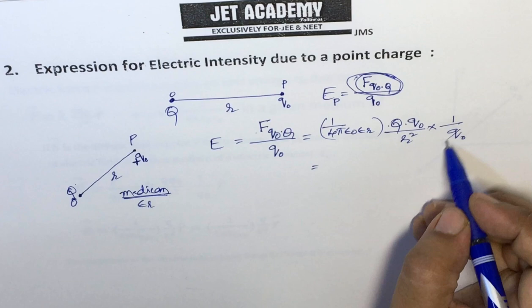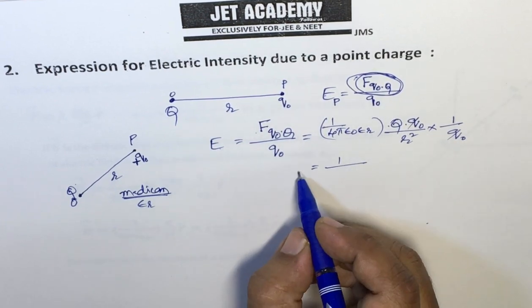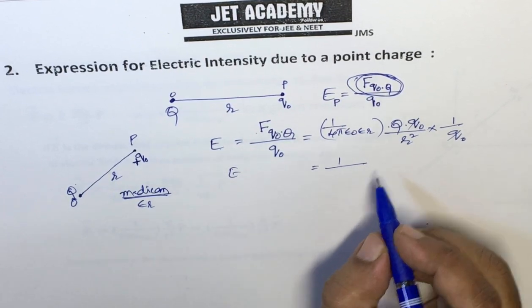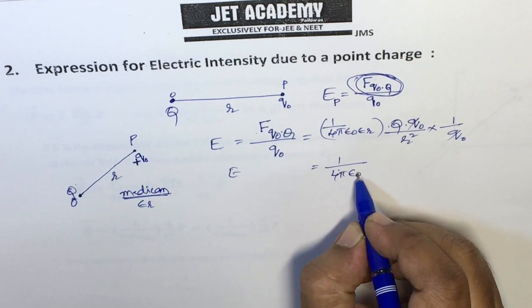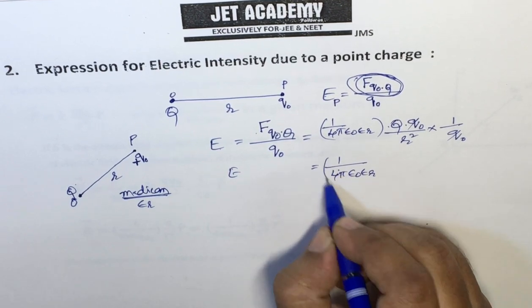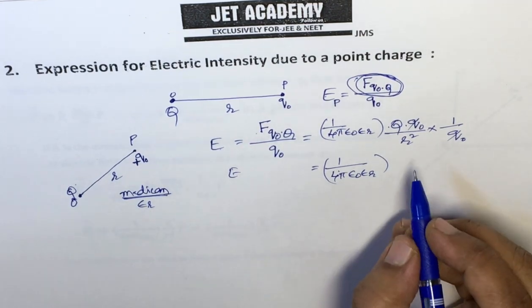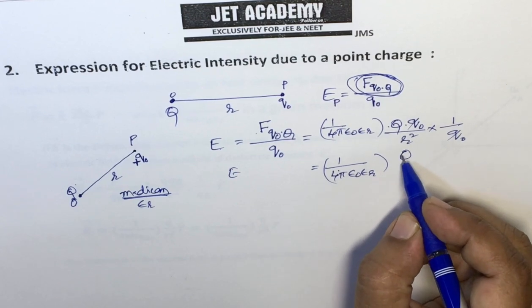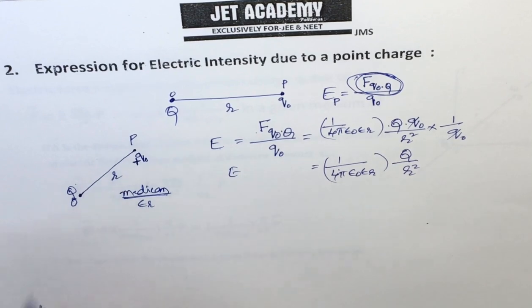Q naught gets cancelled, and the electric intensity E is equal to 1 upon 4 pi epsilon naught epsilon R in SI system, in the medium of dielectric constant epsilon R, times Q by R square.